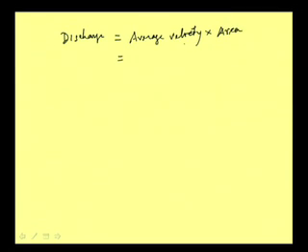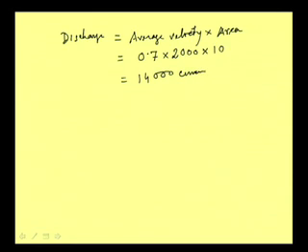The average velocity we have already got as 0.7, and for the sectional area, the average width we are considering to be 2 kilometer, so it is 2000 meter, and the depth is 10 meter. So we find this to be 14,000 cumec, 14,000 cumec.